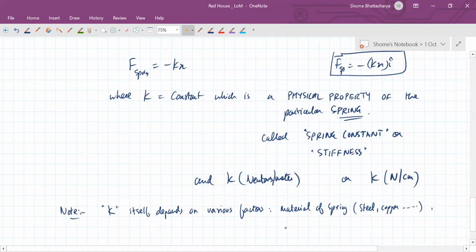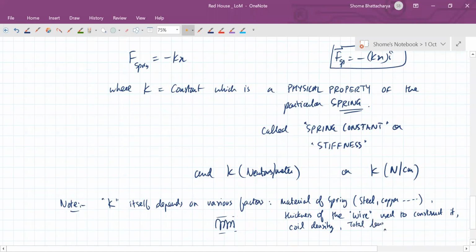Then the thickness of the wire used to construct the spring. Then the coil density. You're coiling the spring like this, so the number of coils per unit length is the coil density. Then total length. Then radius of the coil. So all these things.